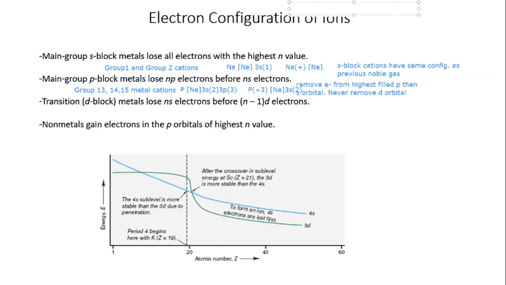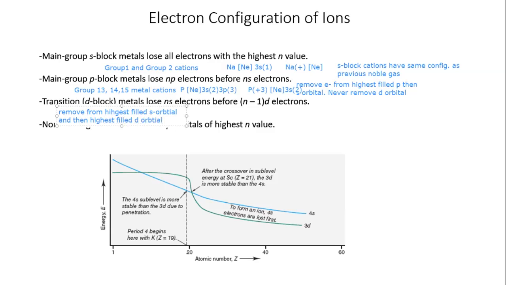Now with transition metals, you remove from the s orbital first, and then the d orbital. And this is because once you start filling the s and d orbital, the s orbital becomes higher in energy than the d orbital. So for transition metal cations, you remove from the highest filled s, and then the highest filled d orbital.